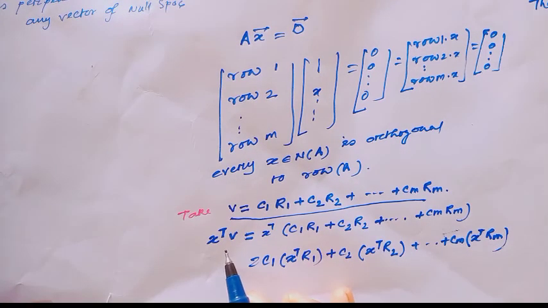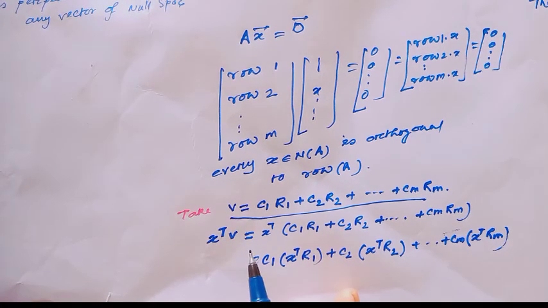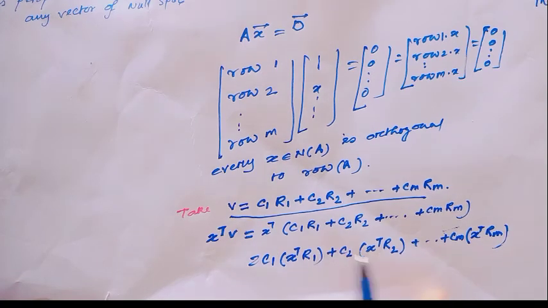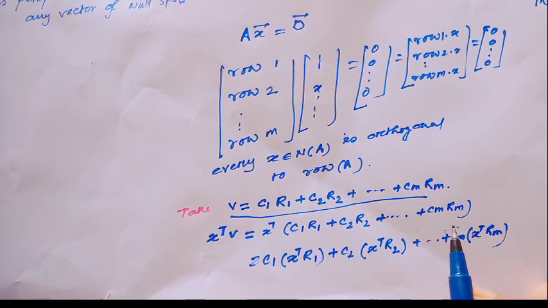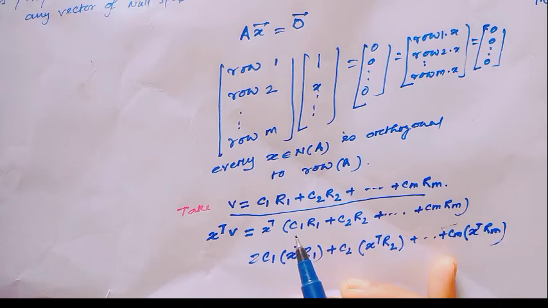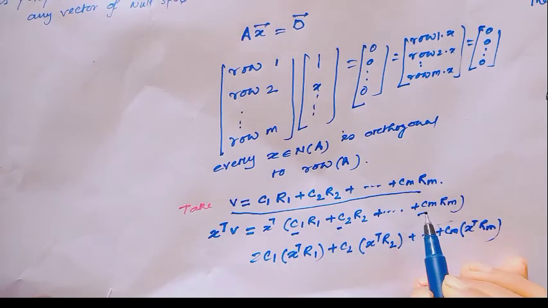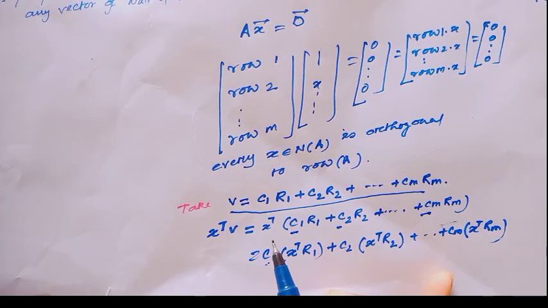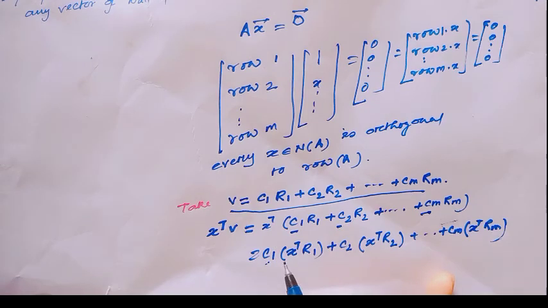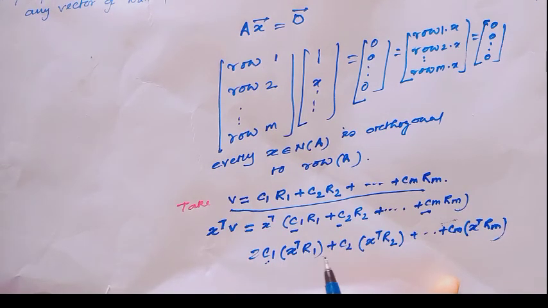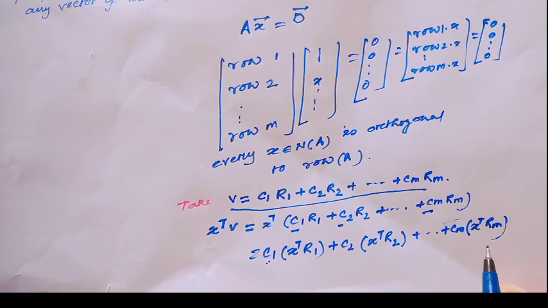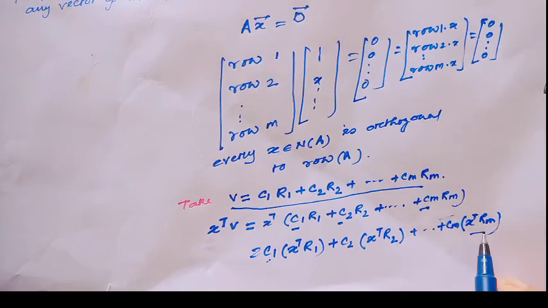x transpose. x transpose times v is equal to x transpose times (c1 r1 plus c2 r2 up to cm rm). And since this is a scalar, we can pull out c1, so this would be c1 times x transpose r1 plus c2 times x transpose r2 up to cm times x transpose rm.